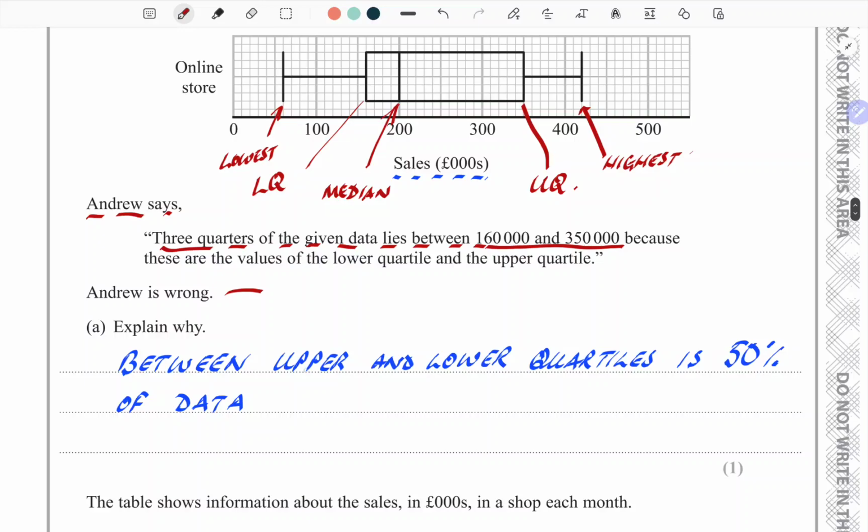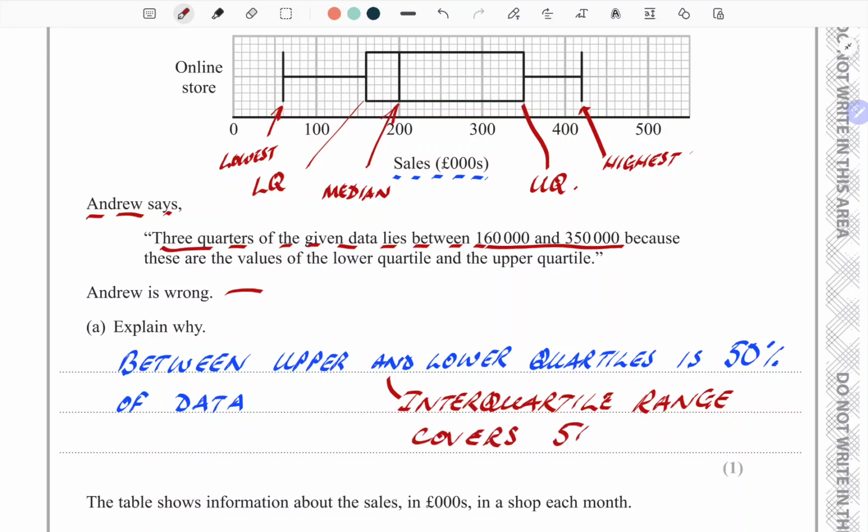All you have to say is that between the upper and lower quartiles, which is the interquartile range, covers 50% of data. So I've put in between upper and lower quartiles is 50% of the data. You could easily write interquartile range covers 50% of the data, etc. Or you can contradict the statements by actually using values on the box plot. All right, enough said on that.